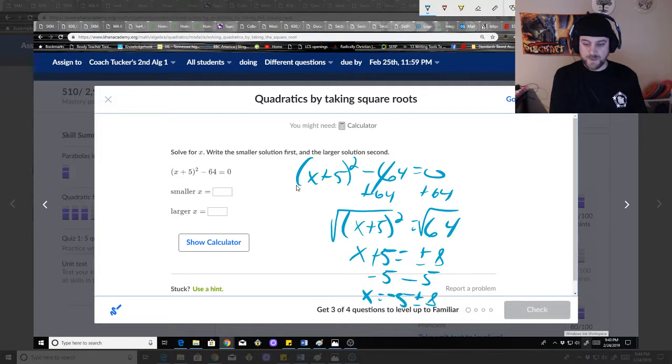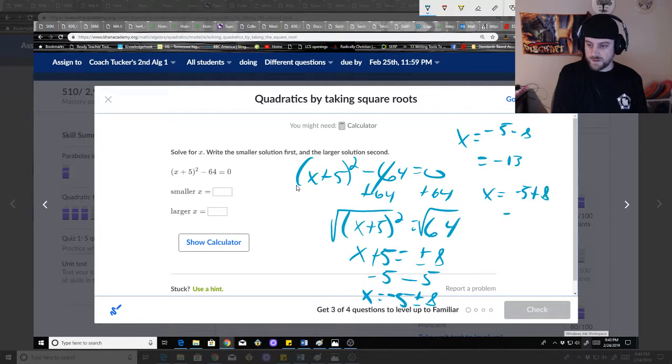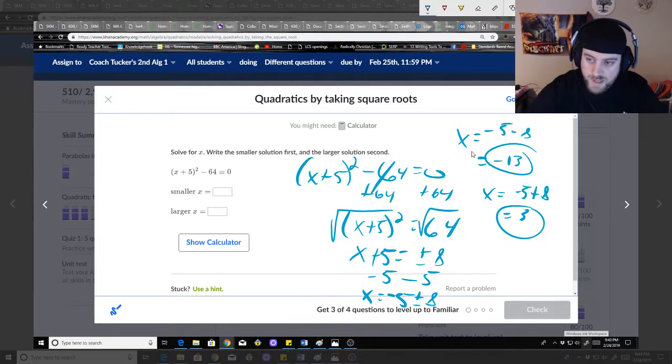There's two different numbers here. We could have negative 5 minus 8, which is equal to negative 13, or we could have x equals negative 5 plus 8, which is 3. So there's our two answers, negative 13 and a positive 3.